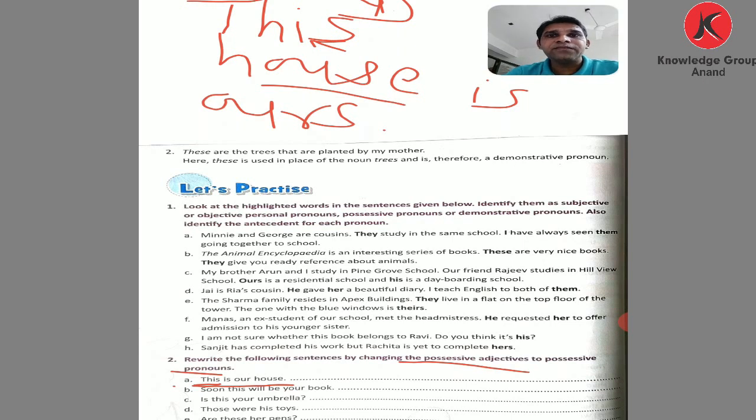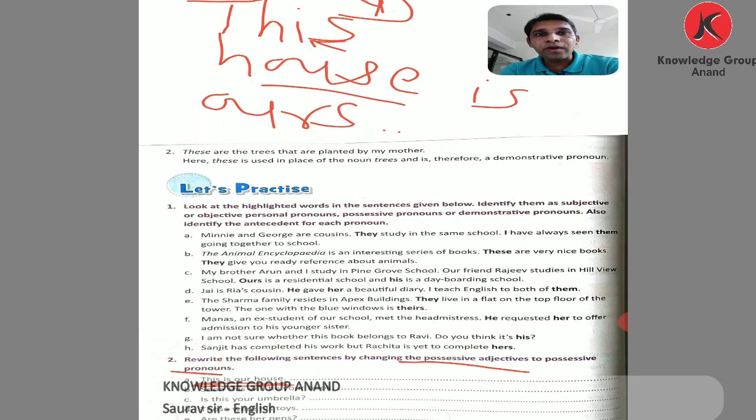Given the information about the noun, this house is ours, so this is a demonstrative adjective, and ours is the possessive pronoun. This is the answer of the first one. Whenever you change it, you add this, that, these, and those before the noun, and change the adjective into a possessive pronoun.